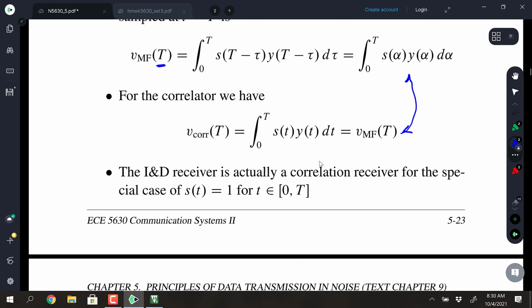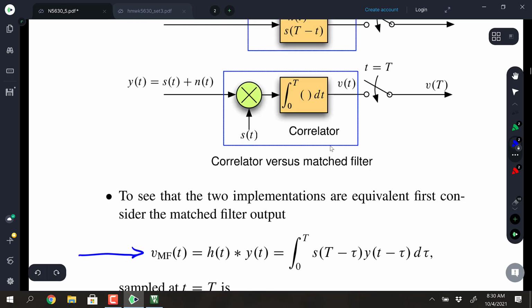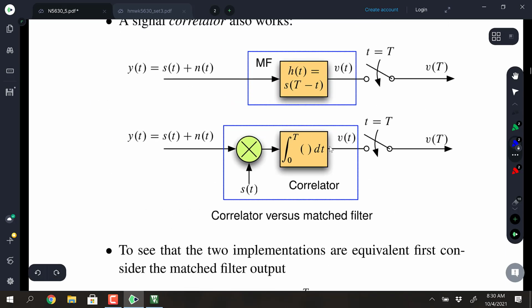I think machine learning algorithms do this exact same thing. They correlate with a template. I think of it that way, so in this view, s of t is like a template. When I've worked on some advanced receivers, it's exactly what it has to be.